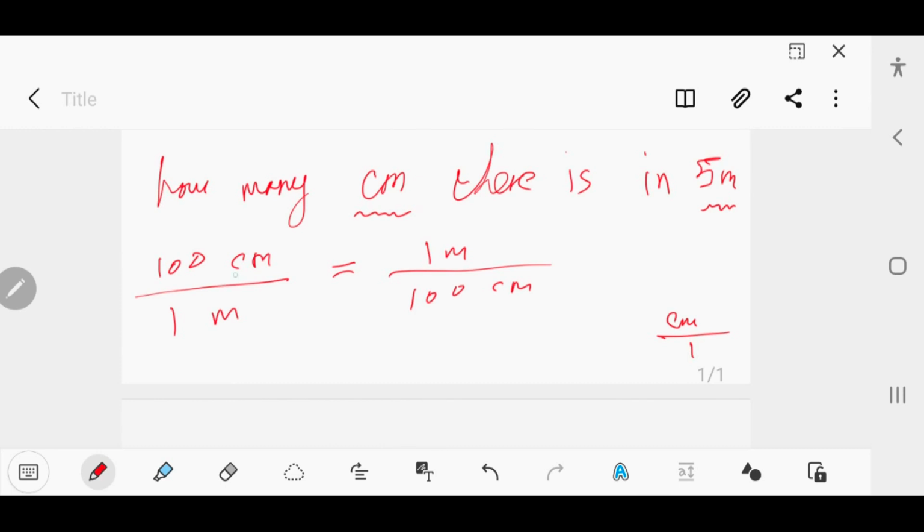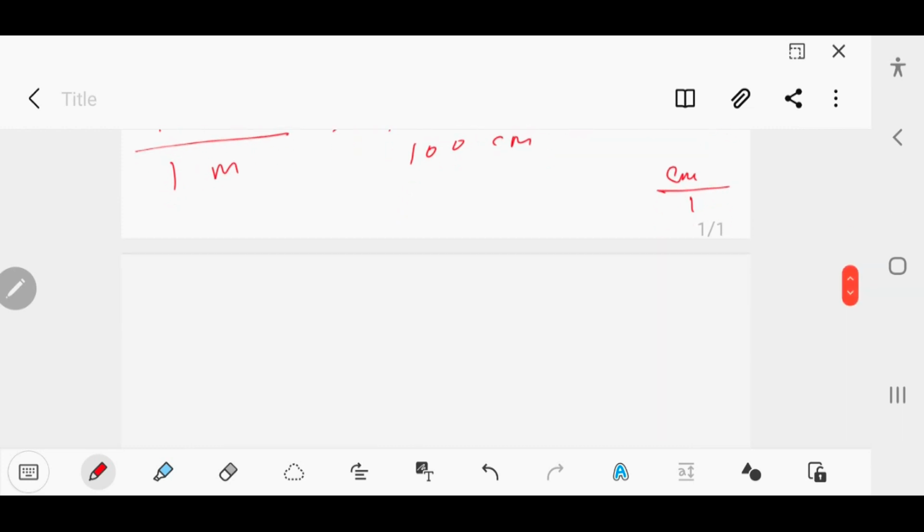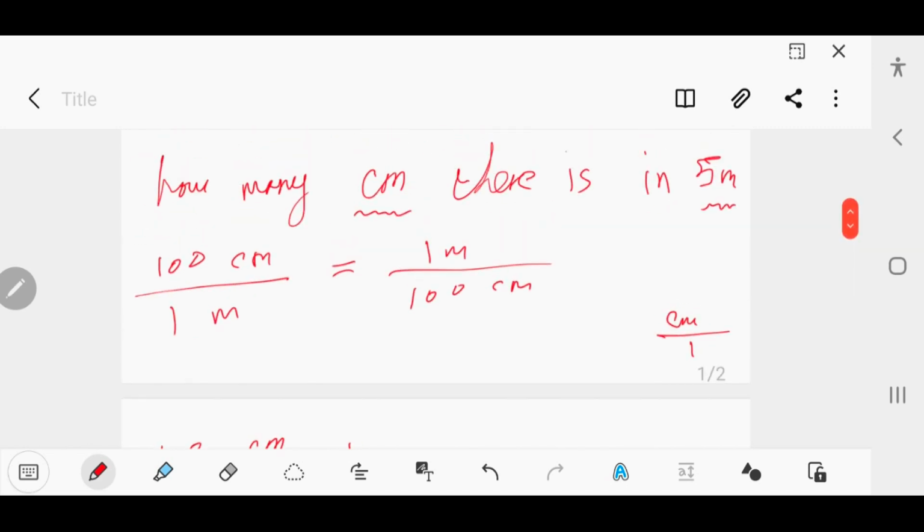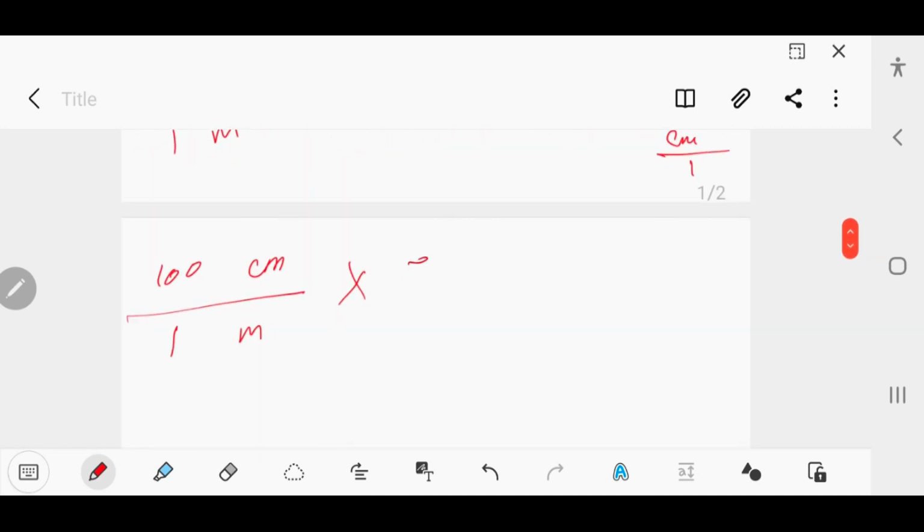So simply, because the question is asking how many centimeter, we're going to choose this one where we have the centimeter in the numerator. So 100 centimeter over 1 meter, this is the conversion factor. Just multiply it with the given from the question, 5 meter. Meter with meter cancels, you will still have only the centimeter unit, which equals 500 centimeter.